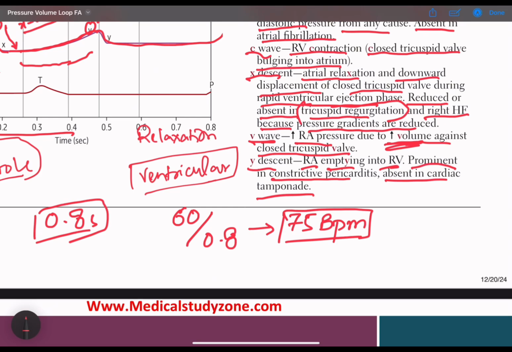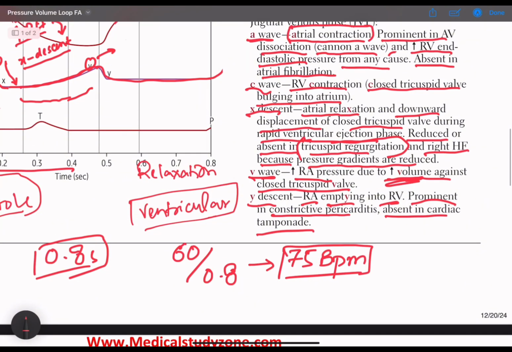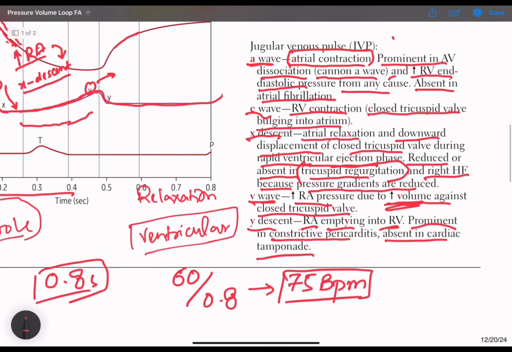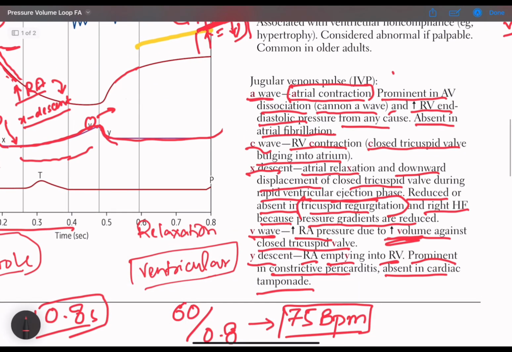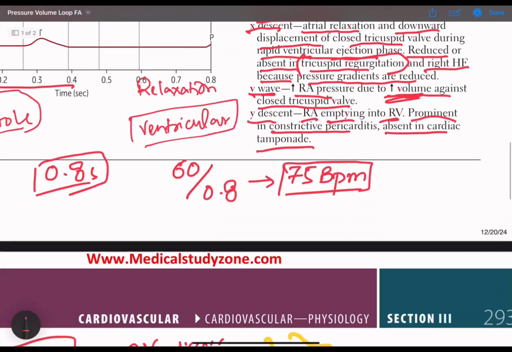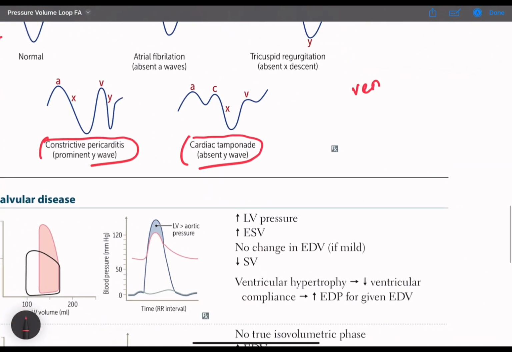So what is the result of these different changes? It leads to a change in the Y wave. Both of these changes affect ventricular diastole.